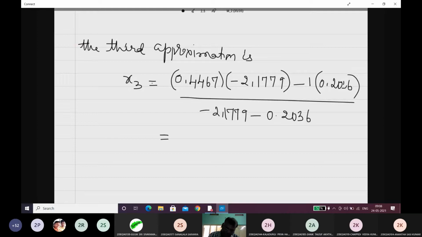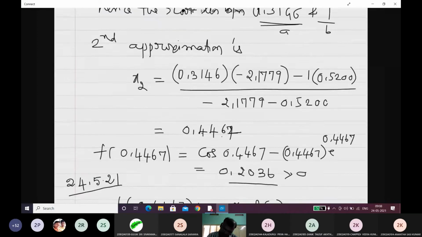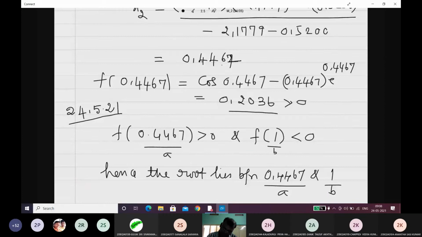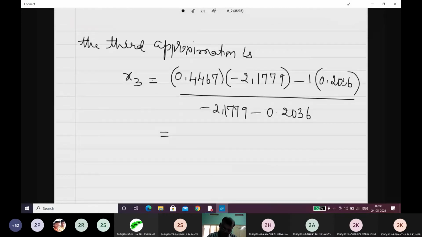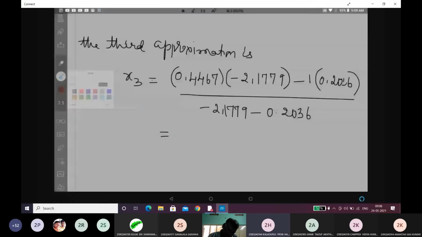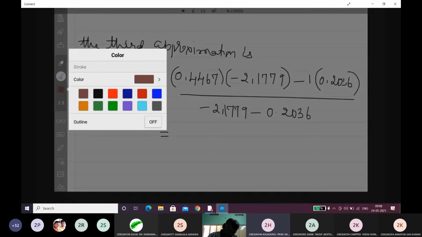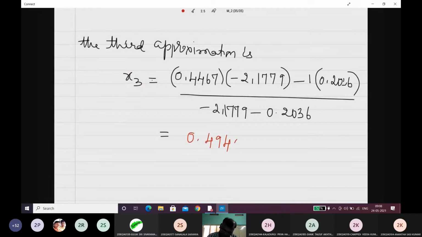Calculate this value. 0.4940, sir. Right? Now immediately we can calculate the value of f of x3.